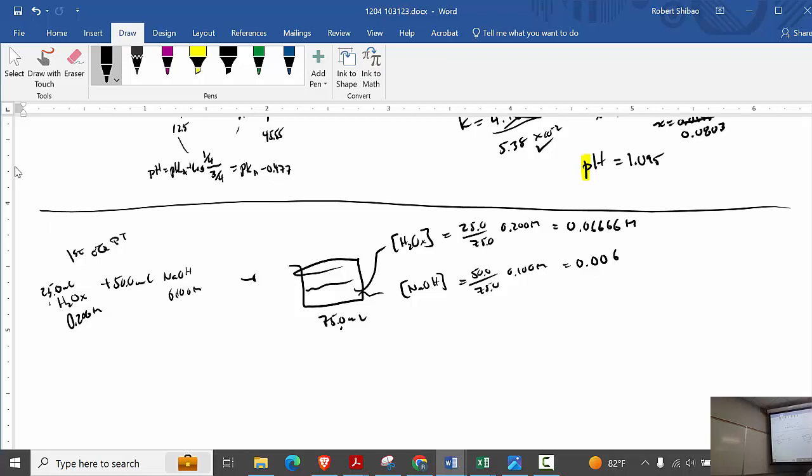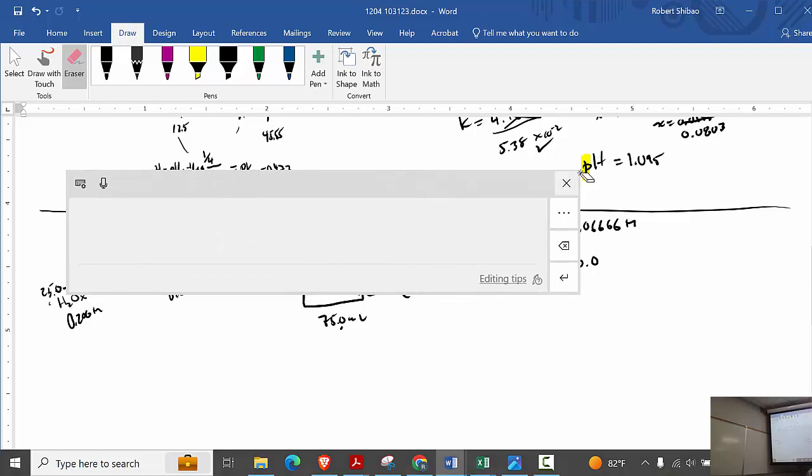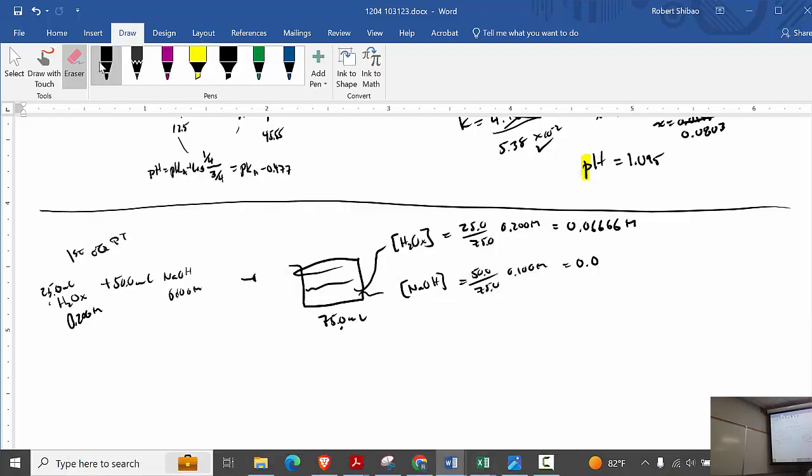Yeah, it comes out to the same. You're right. Well, actually, it's supposed to come out the same because this is the stoichiometric equivalence point. So we should have stoichiometric ratio, which is a 1-to-1. That's where it comes from, equal amounts. In this case, equal concentration. So let's go on to the next step.